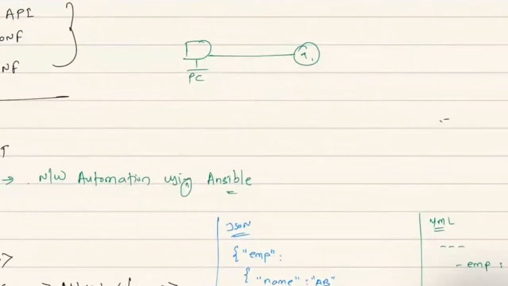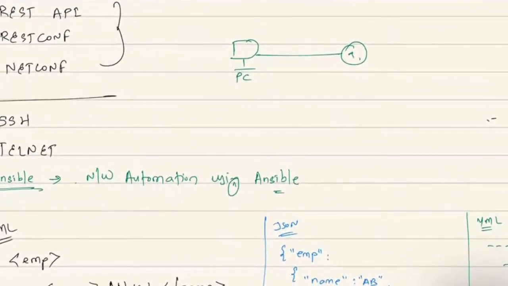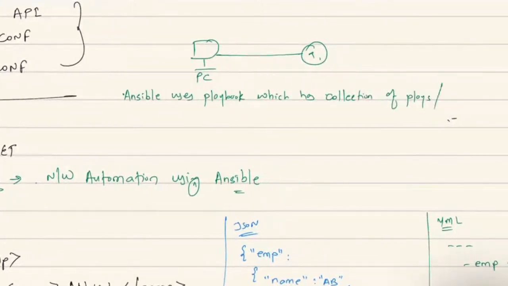So Ansible consists of multiple playbooks. Like I said, Ansible uses a playbook which has a collection of plays, or you can also call them tasks, and every task basically needs to be executed, whatever is specified in that Ansible playbook.